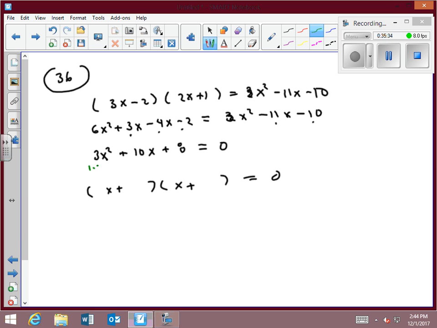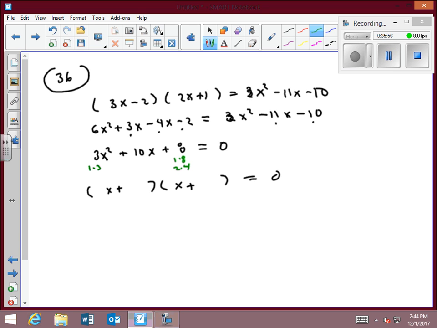So it's 1 and 3, 1 and 8, 2 and 4. Is the 10 going to be a sum or a difference? It's a sum. When the signs are the same, it's always a sum. So what is going to make a sum of 10? 1 and 3 and 2 and 4.